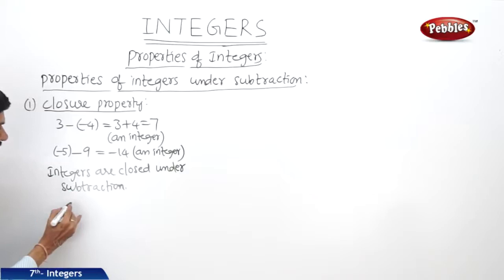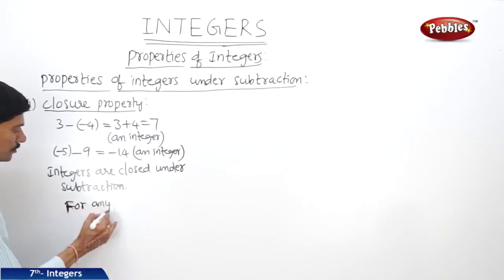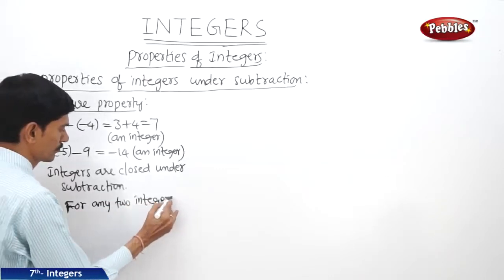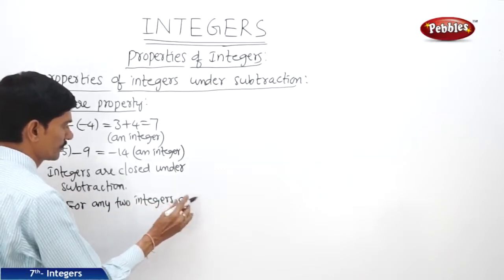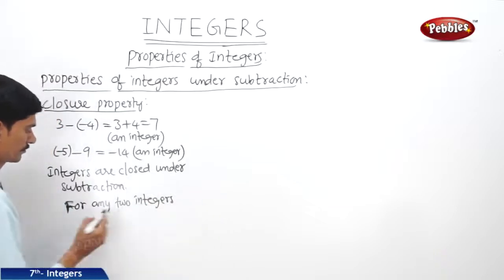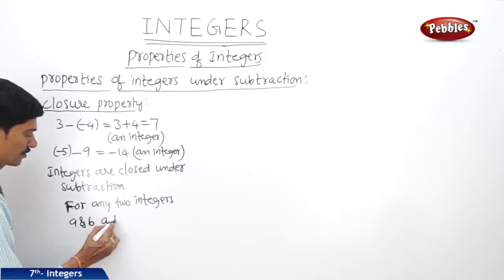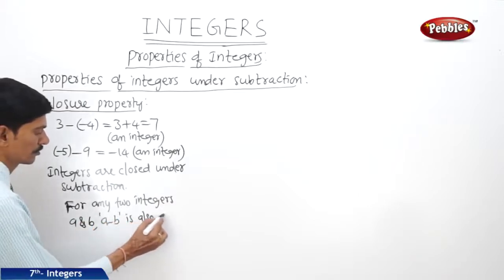So for any two integers A and B, A minus B is also an integer.